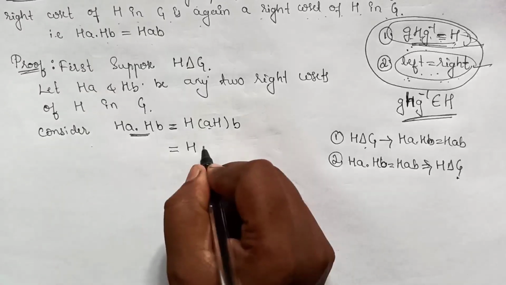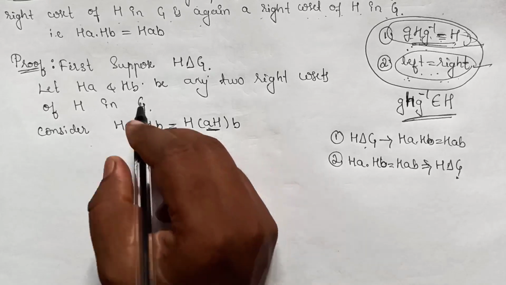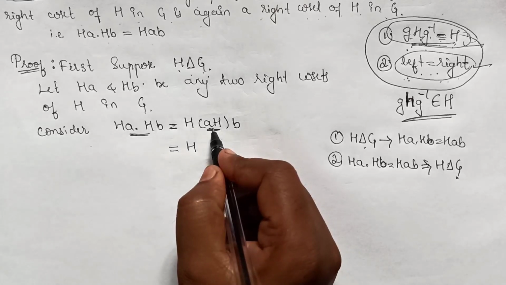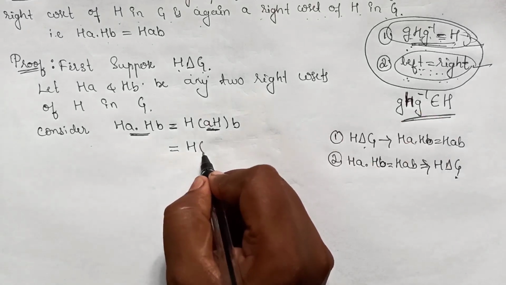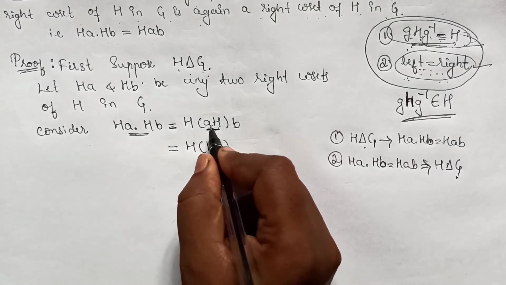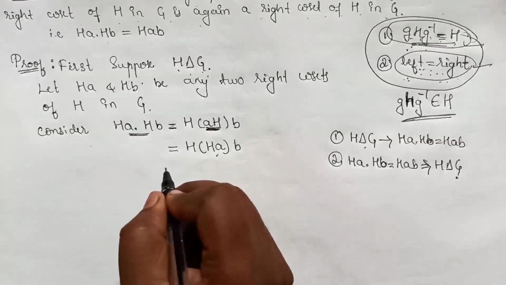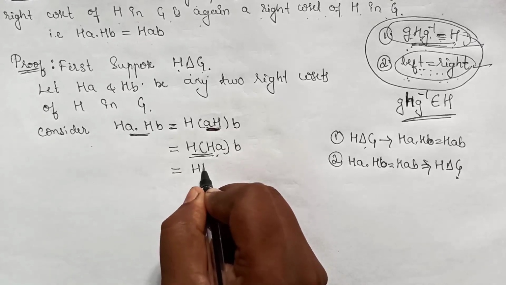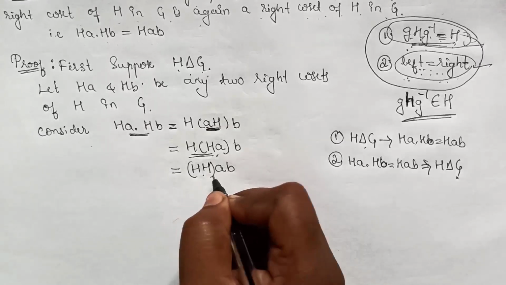See here, aH means it is a left coset. Because H is a normal subgroup of G, each left coset equals right coset, by this condition. So aH can be replaced by Ha because left coset equals right coset, into b as it is, or on grouping these together, HH a into b.